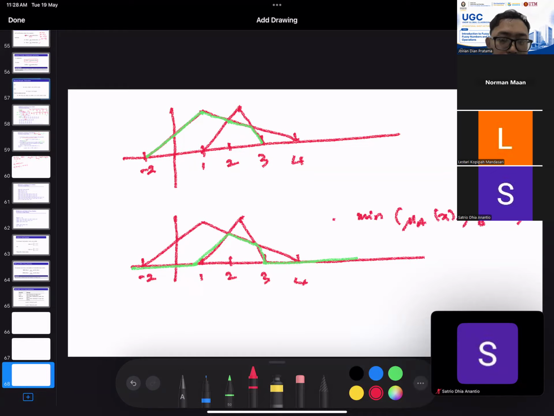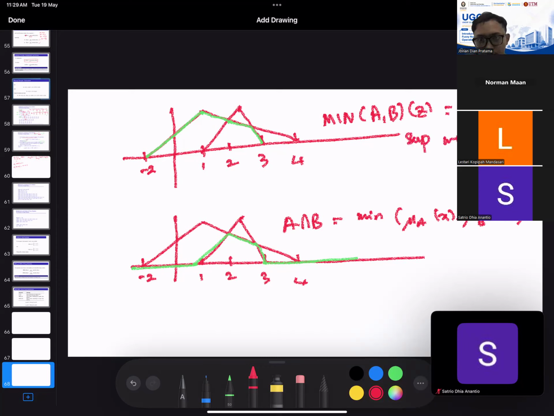This is basically the operation for the minimum with a capital letter between A and B, where we use this formula: supremum, minimum, A(x), B(y). The formula is still the same, where z is equal to the minimum of x and y. This is the same formula that we used previously when we talked about the extension principle.